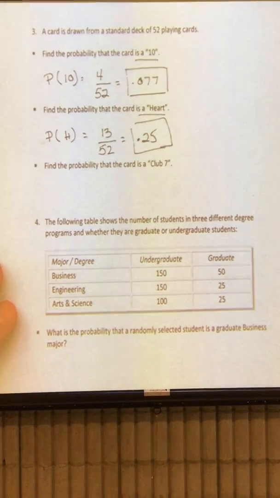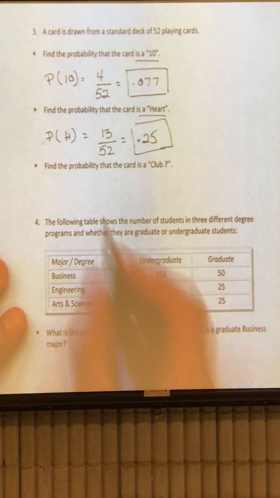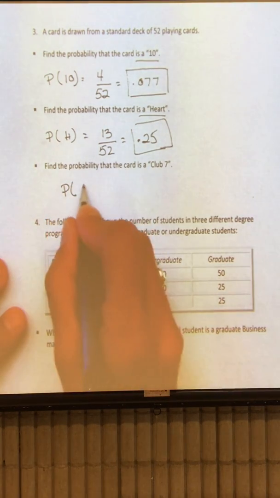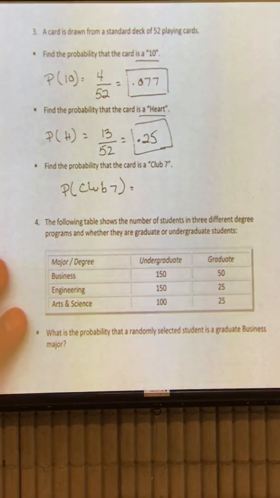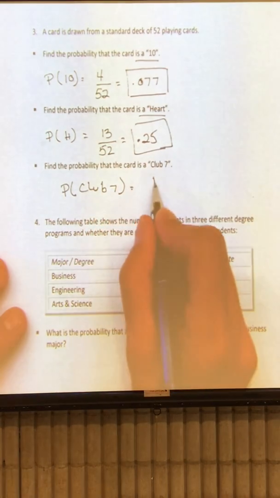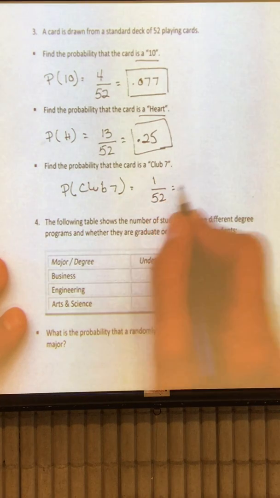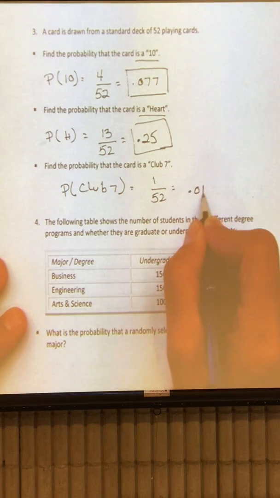So the probability that the card is a club 7, you only have 1 seven of clubs. So 1 over 52 is equal to 0.0192.